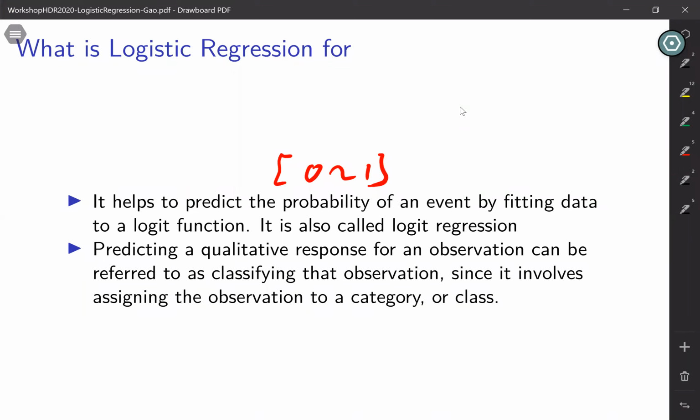So this is a classification problem, and it's also quite common to use logistic regression to classify the outcome variable with multiple levels, or you say class. So the main reason I chose this topic is because it's quite common in the biostatistics field and also common in the machine learning field. Okay.